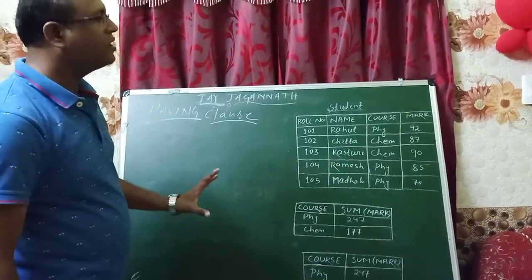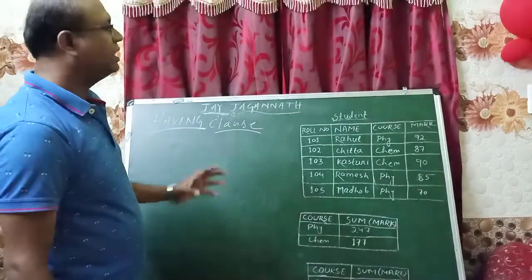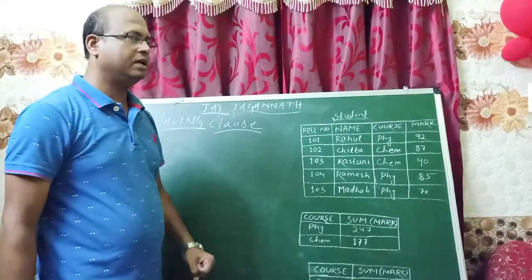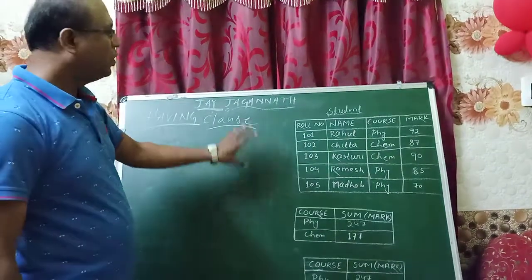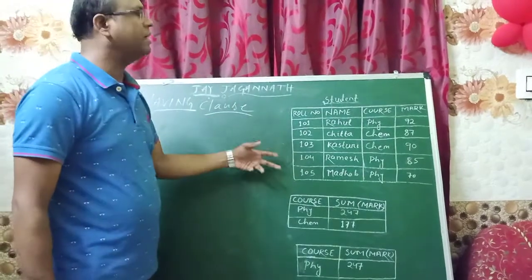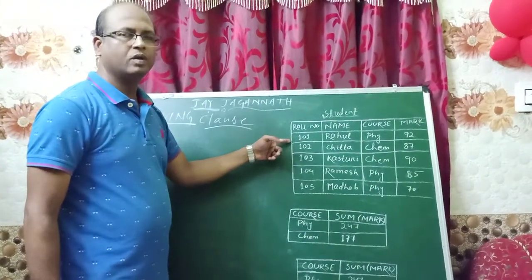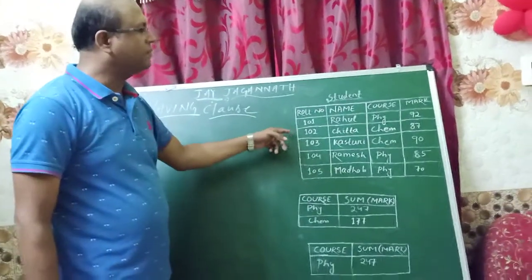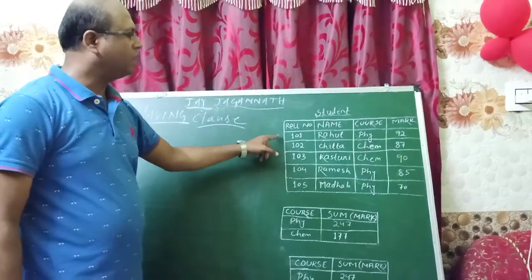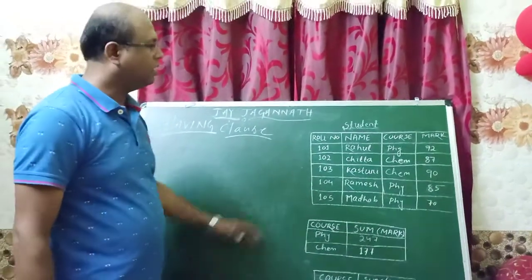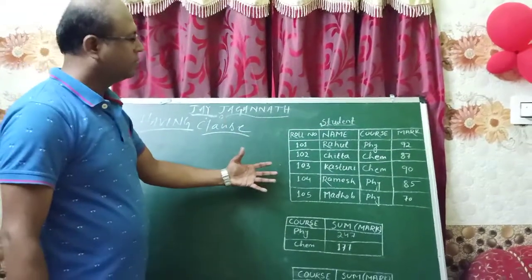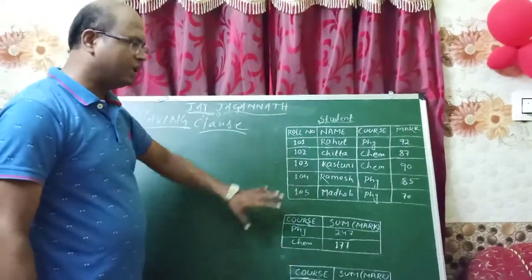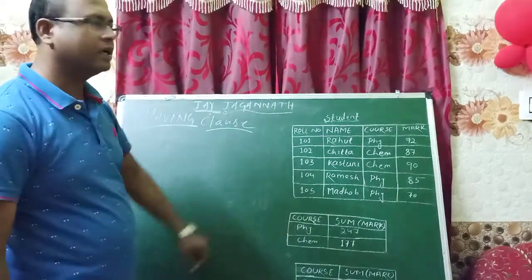If you want to retrieve some specific part of the data, not the entire data, then we can use the where clause. Where clause is implemented on individual rows, one or more rows. So on a row basis, we can use the where clause to implement the condition.